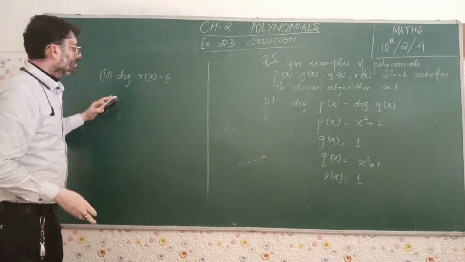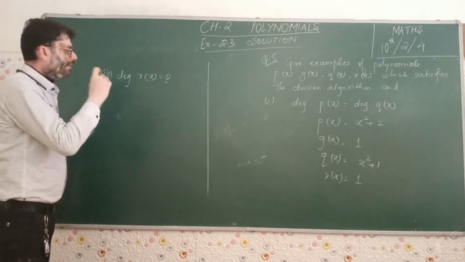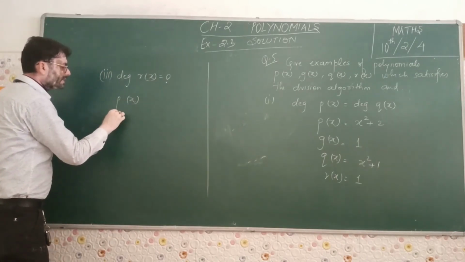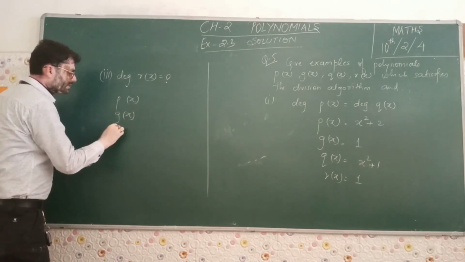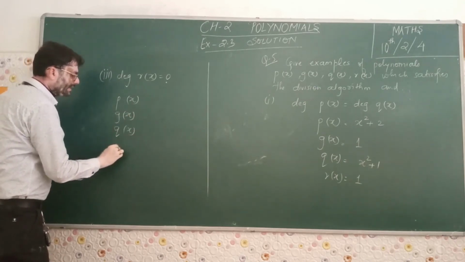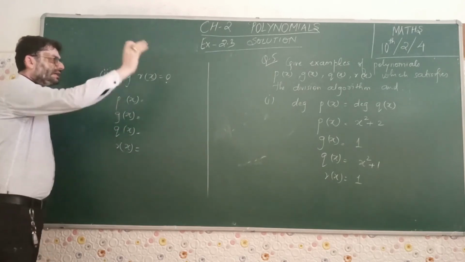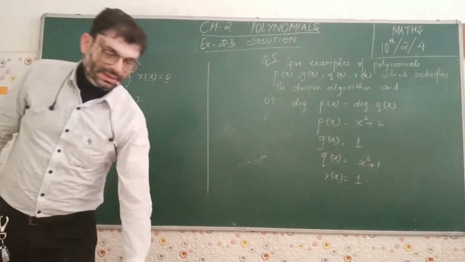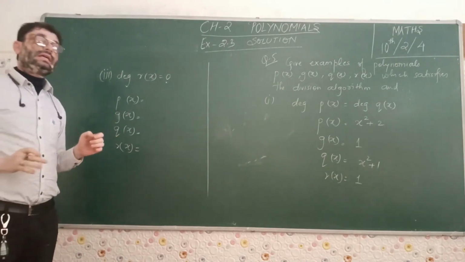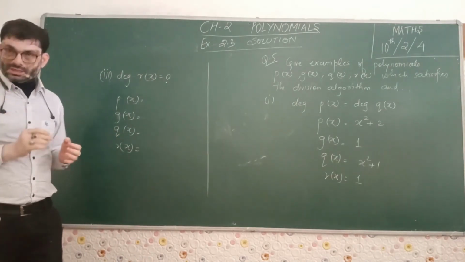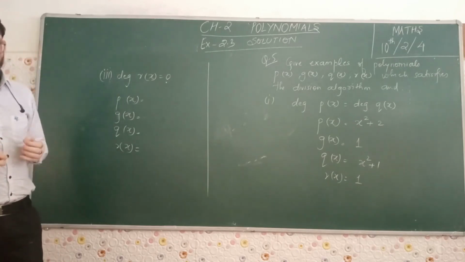Moving on to bit third, same way we have to frame 4 polynomials p of x, g of x, q of x and r of x, with the condition that the degree of r of x should be 0. Where the degrees of r of x is 0? Naturally, it's a constant value where the degree of x is 0.